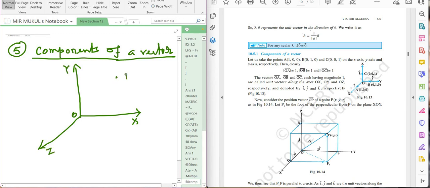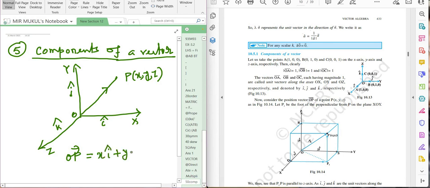Suppose here one point P whose coordinates are x, y and z. Right. So this vector OP can be written as, along x-axis unit vector is i, along y-axis unit vector is j, along z-axis unit vector is k. So OP vector can be written as xi plus yj plus zk.